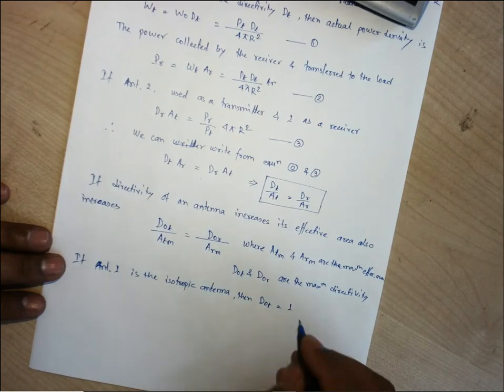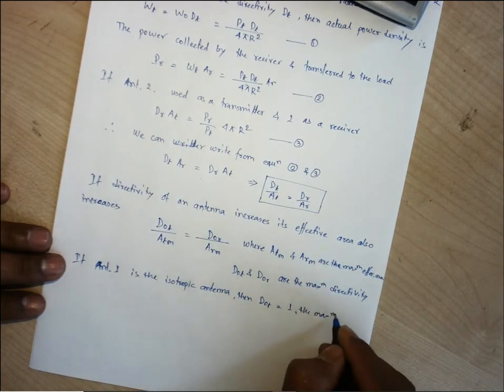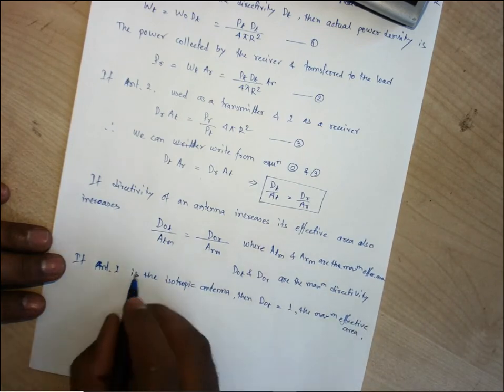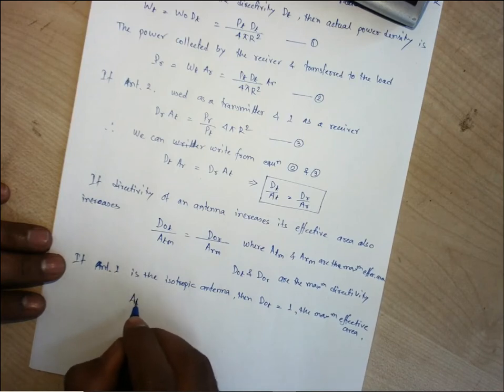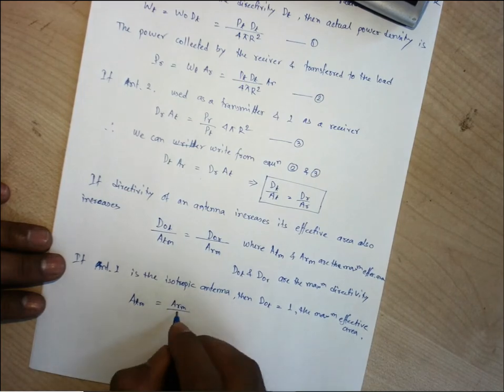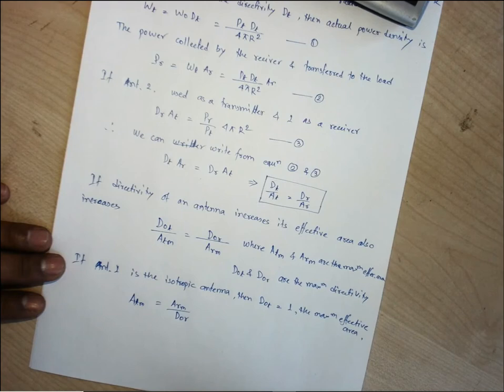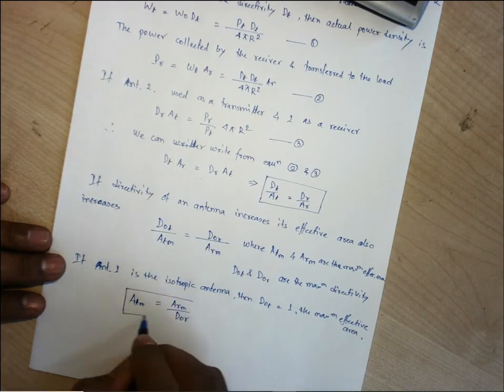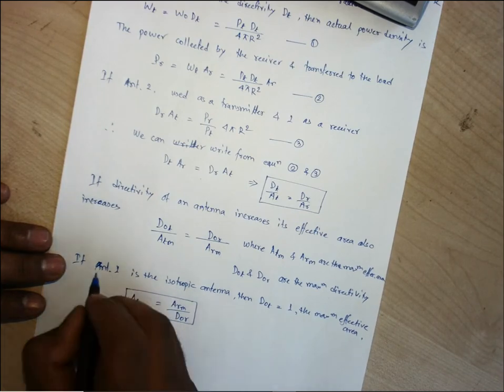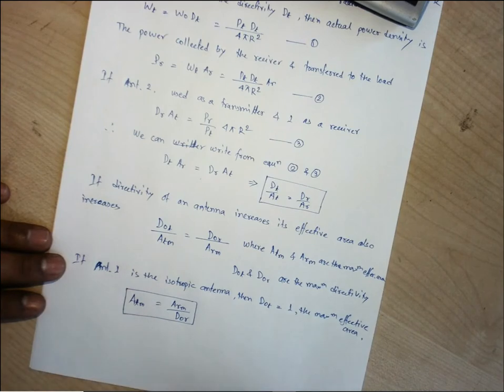Then the maximum effective area A_TM will be A_RM by DOR. So why have we considered this antenna 1 again as an isotropic antenna? Because in the far field almost every direction has the proper receiver.